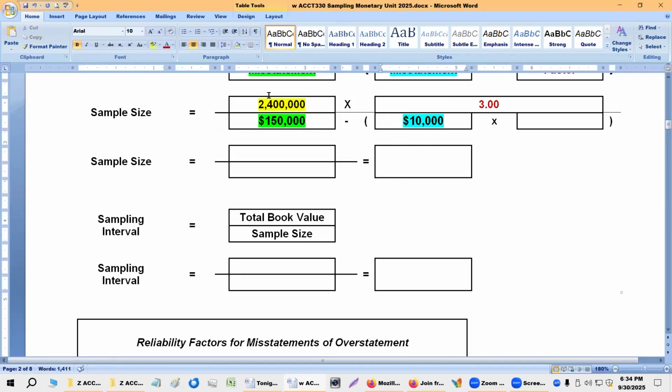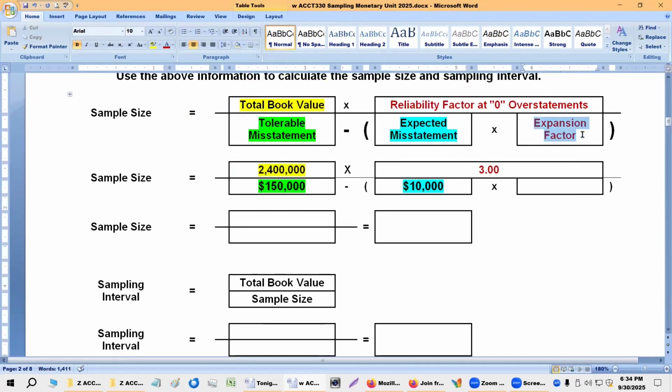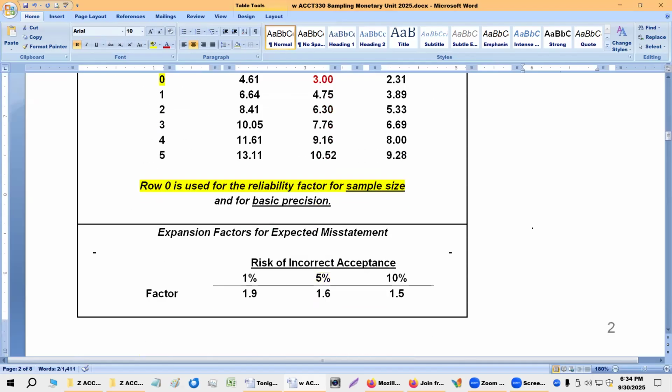So this is all in the top, 2.4 million times 3, and on the bottom we'll have 150 times 10. Okay, expansion factor. Expansion factor is easier than the reliability factor because there's only one row.